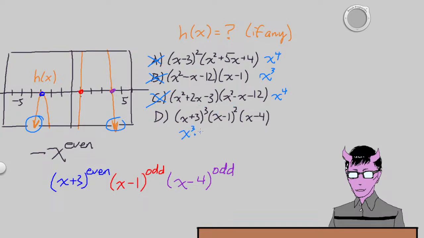Partial distribution is x squared. And then we have an x right there. And of course, we get another positive in the front. Add up the exponents, invisible 1, we get exponent 6. So this one is going to be upwards, upwards, end behaviors, which is inconsistent with this downwards, downwards. So D is also wrong.